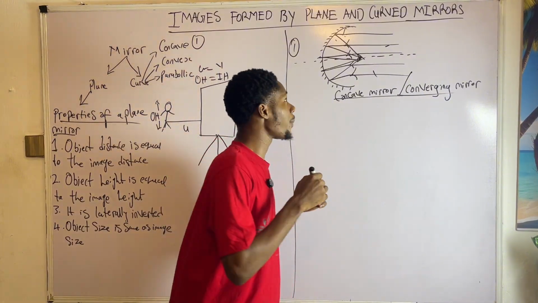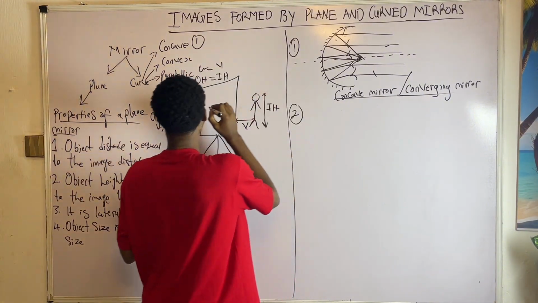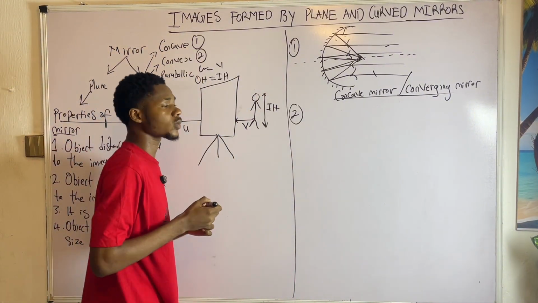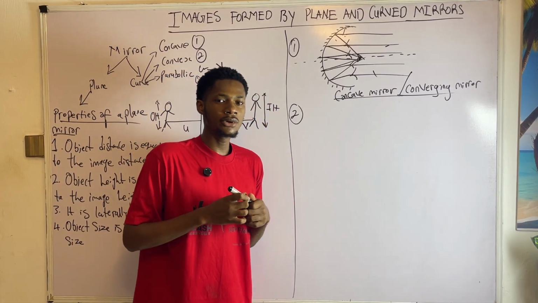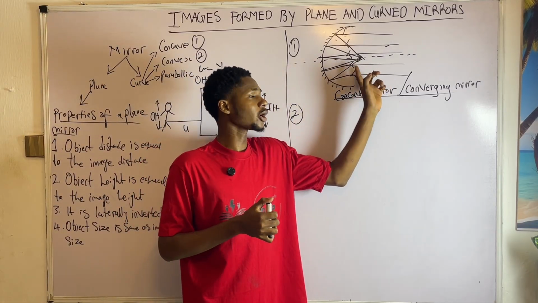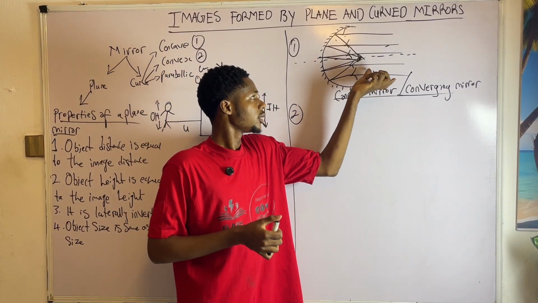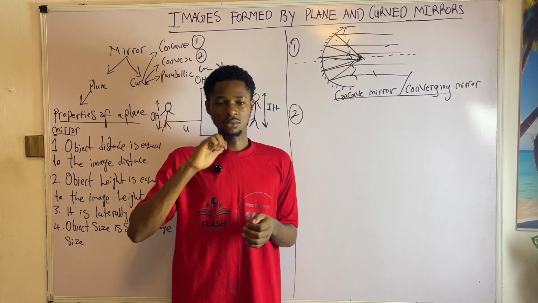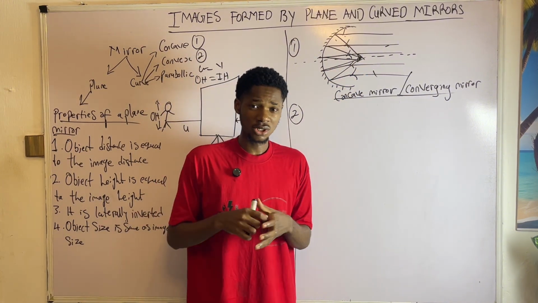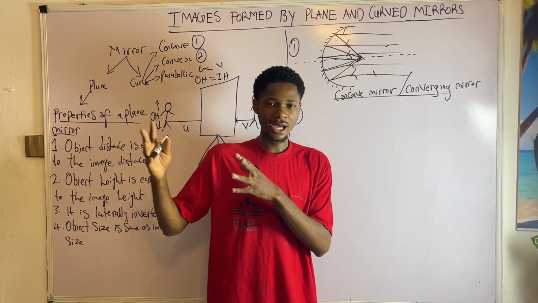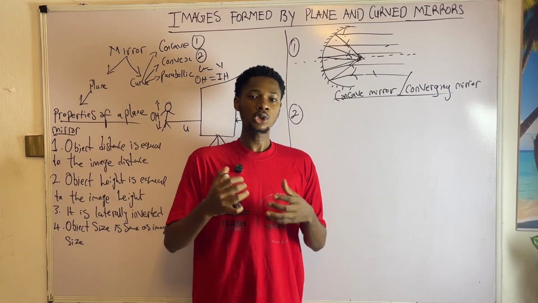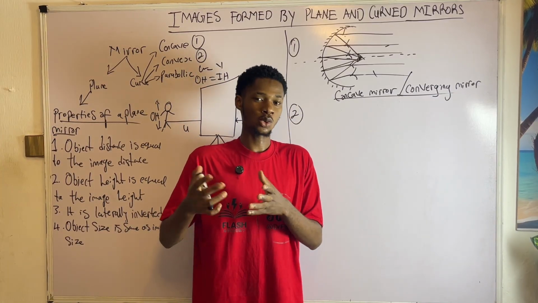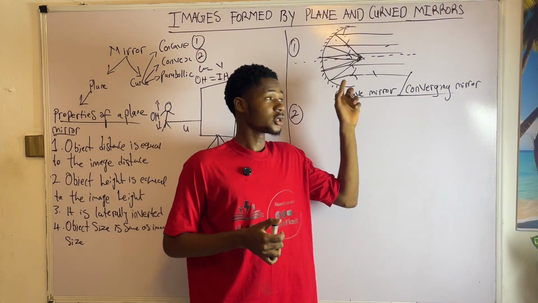The next one I want to talk about is number 2, the convex mirror. Okay, now if you need to know one of the uses of this particular mirror, that is the concave mirror, it is used for shaving. I know most Nigerians do not use it, but outside Nigeria, in most professional nice homes, people actually make use of the concave mirror.